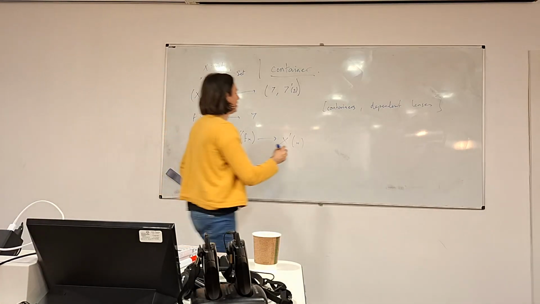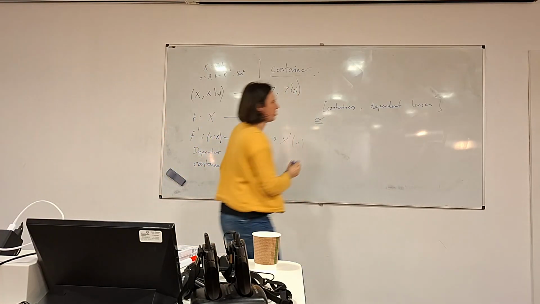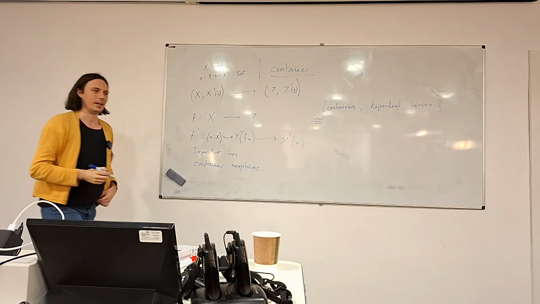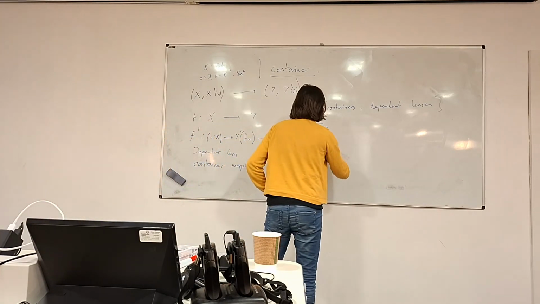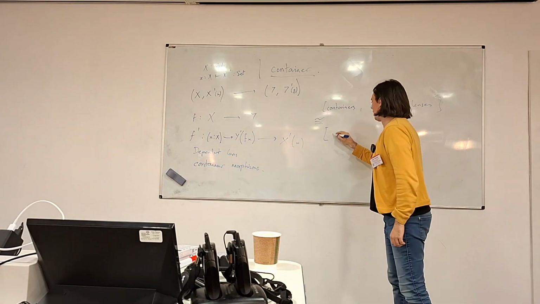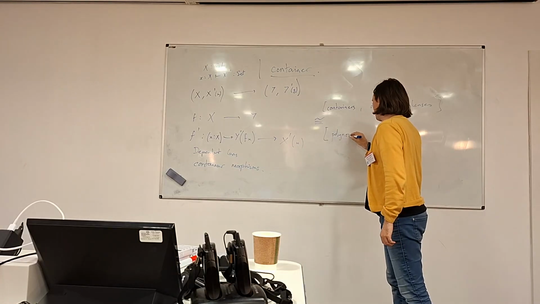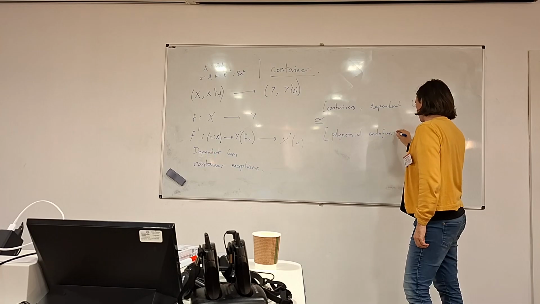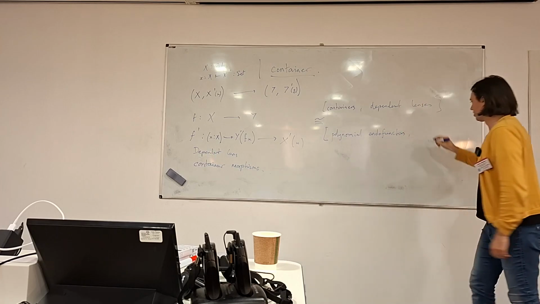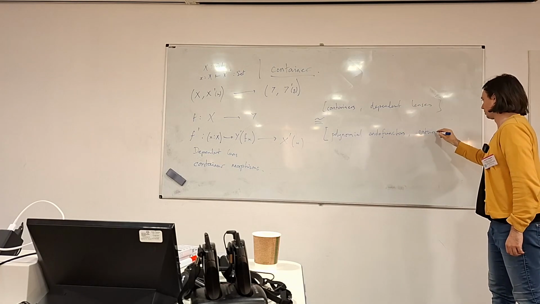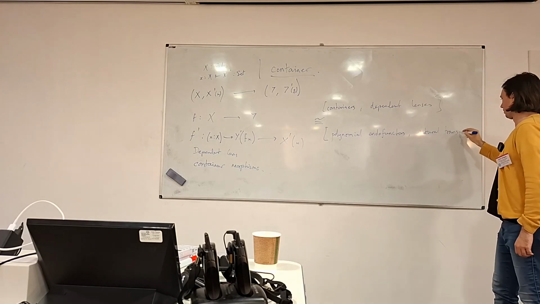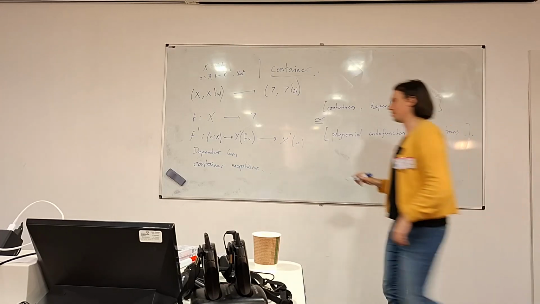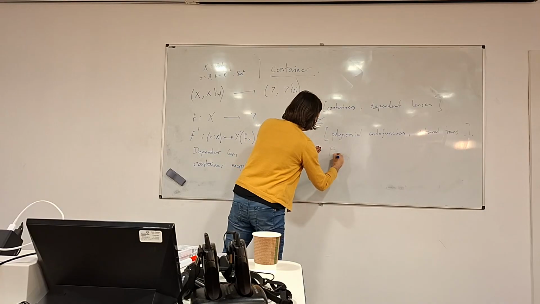This category is, in an extremely non-trivial way, equivalent to the category whose objects are polynomial endofunctors and whose morphisms are natural transformations. This category is called Poly.